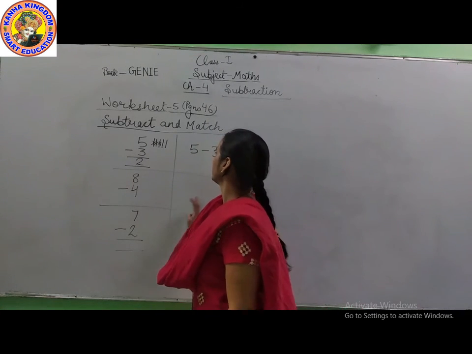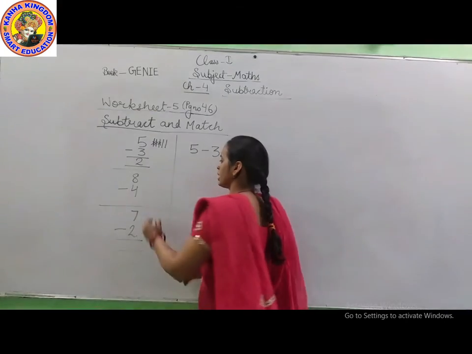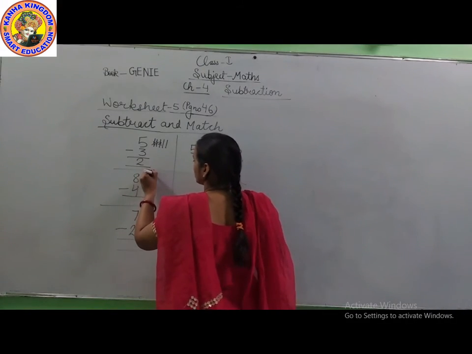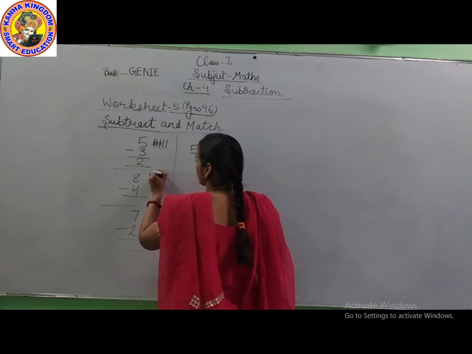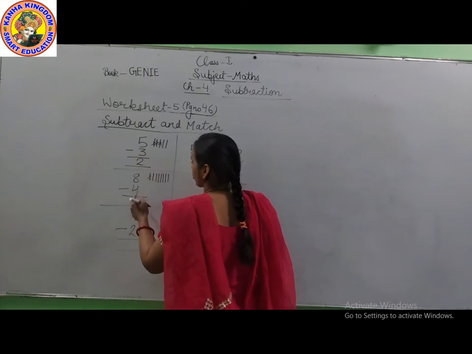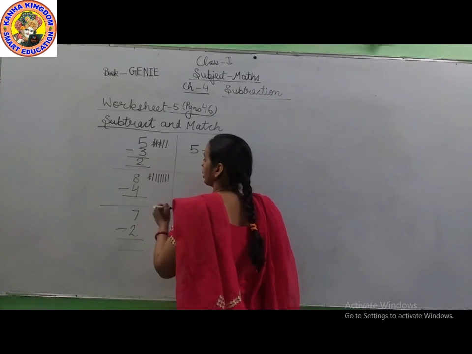Okay. Now next is 8 minus 4. So 1, 2, 3, 4, 5, 6, 7, 8. So we take away 4 from 8.